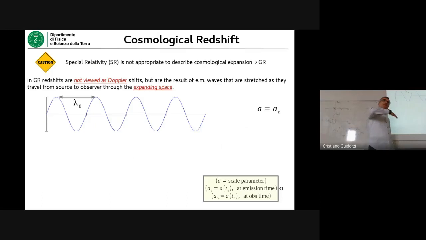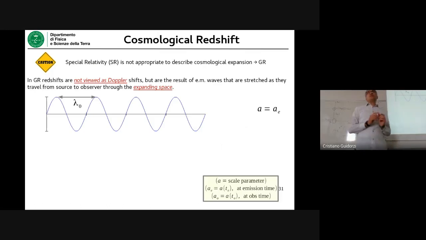So the recession velocity with which all the galaxies are receding from us is proportional to the distance. So if you manage to measure the velocity with Hubble's law, you can measure the distance. Okay, simple in principle.